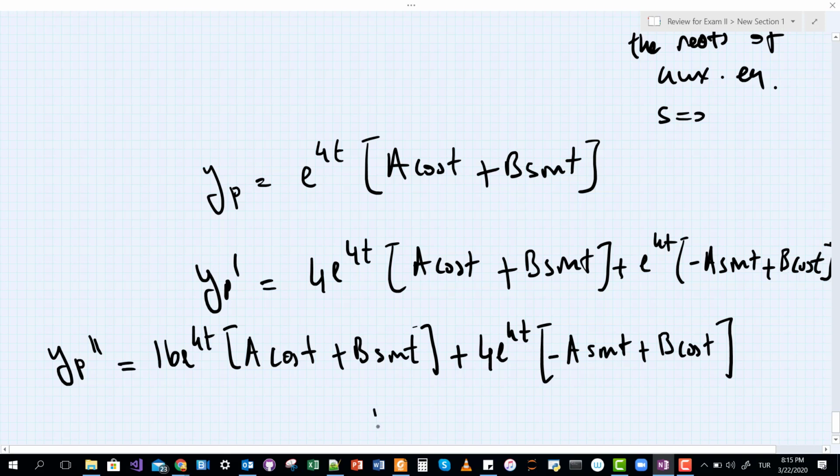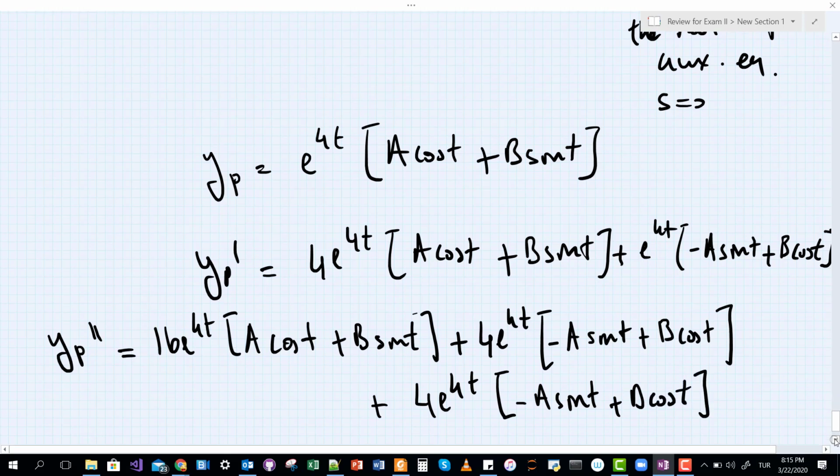And then for the second term here, look at it. First, I'm going to start taking the derivative of e to the 4t, which is 4e to the 4t, and then I'm going to keep the rest the same. It is equal to negative a sine t plus b cosine t.